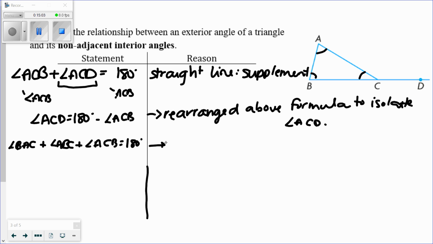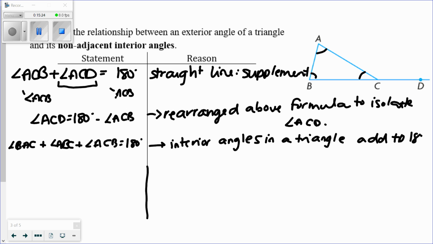And again, our reason for that is interior angles add to 180 degrees. I'm just going to erase this because it's making a ridiculous mess right here.